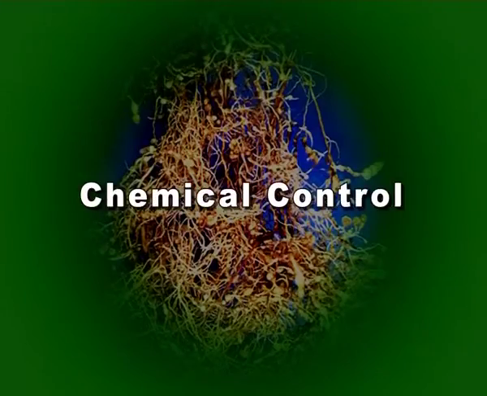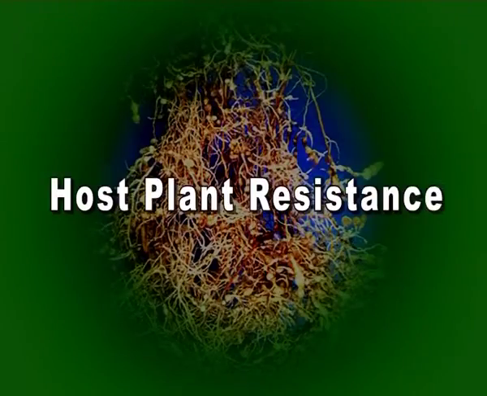Chemical control. Chemical control of root knot nematodes in tree crops is very costly, because of the enormous volume of soil that must be treated in order to reduce the total nematode population to a reasonable level. Then we can go for host plant resistance for the management of nematodes.